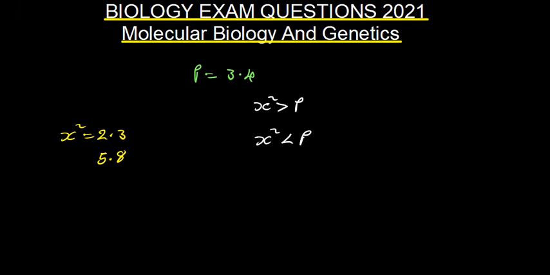It means that these values are within the expected Mendelian ratios.